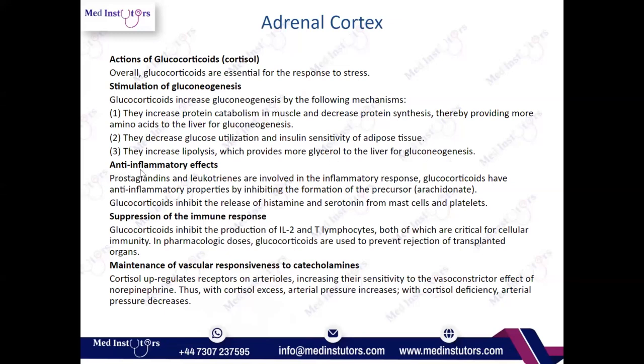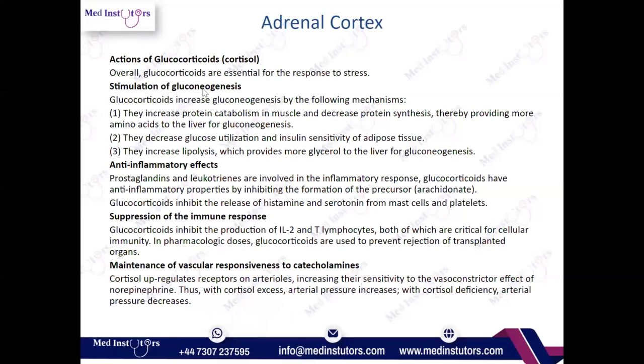It also has anti-inflammatory effects. Prostaglandins and leukotrienes are involved in the inflammatory response. Glucocorticoids have anti-inflammatory properties by inhibiting the formation of precursor arachidonate. No need to remember much detail. Just remember the normal high yield points, the normal function of the glucocorticoid hormone.